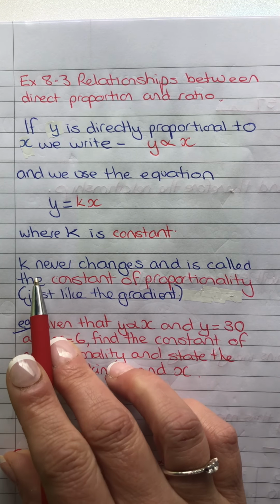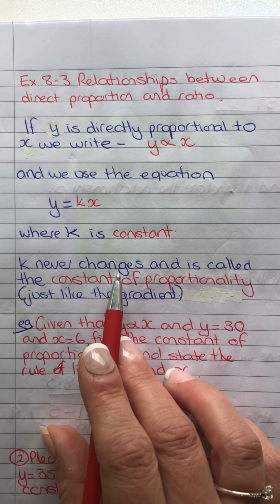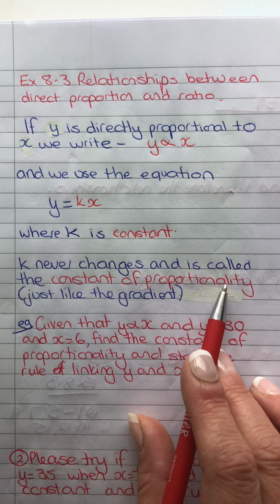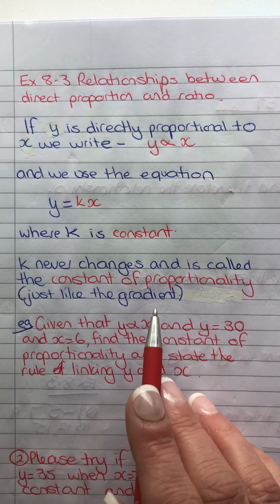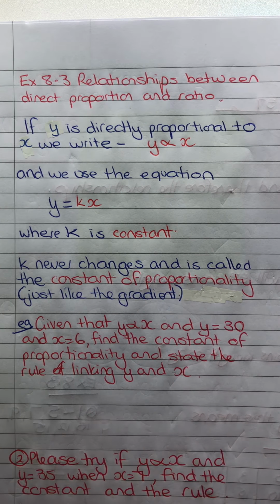And the theory in this is k never changes and is called the constant of proportionality, and it's just like the gradient. So if you could please just stop, press pause and write that down, that would be great.